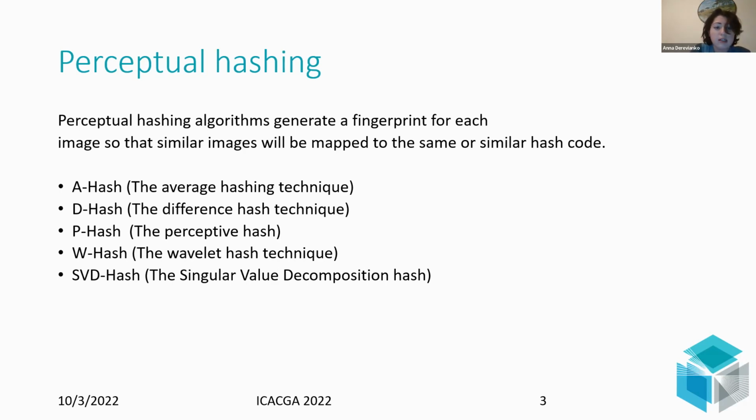Perceptive hash, or so-called p-hash, is also an extension of the a-hash technique, and what we are adding is the discrete cosine transform. Using it, we obtain the most sensitive information for the human vision system. Then we can jump to the wavelet hash technique.